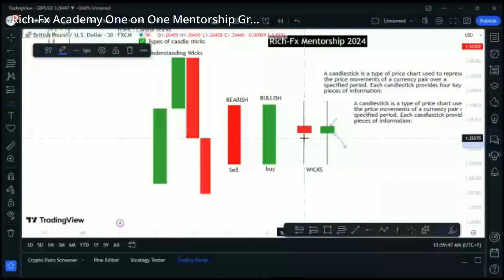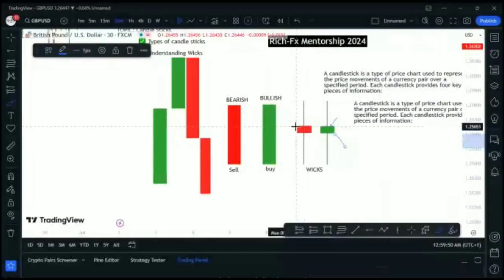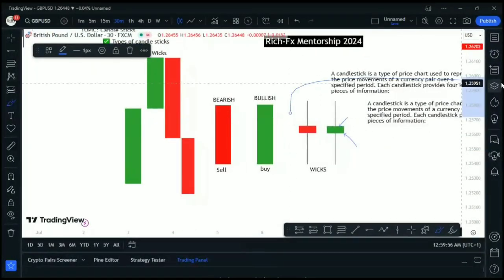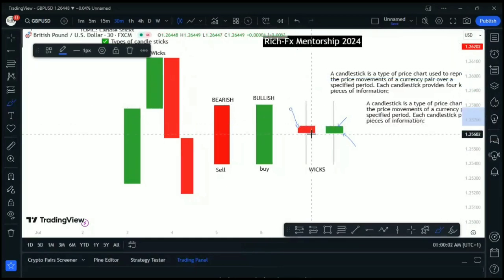Same goes for the bearish candle. The bearish candle usually opens here at the top and closes at the bottom. So what this means is that the market opens at the top, no doubt, but it moved to this point.